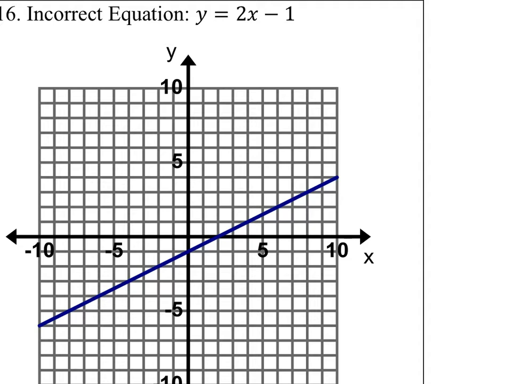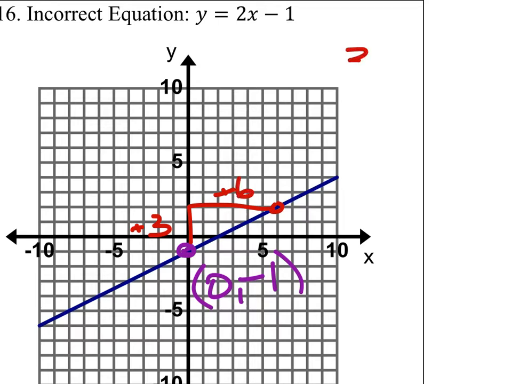Alright, so what happened on this one? Right away I can see that they at least got the y-intercept right, because the y-intercept is 0, -1. That's good. The problem with this appears to be with good old slope. We can see between these points right here that we would have gone up 3 and then to the right 6.